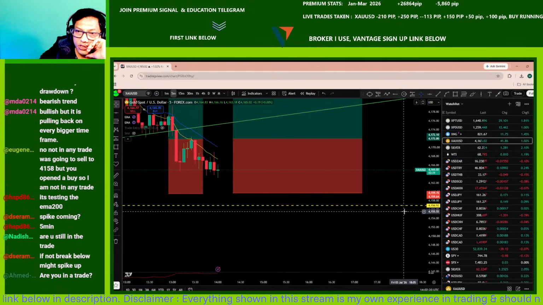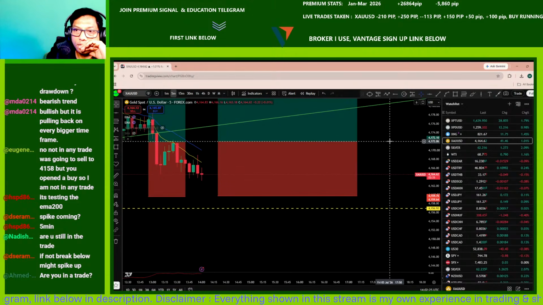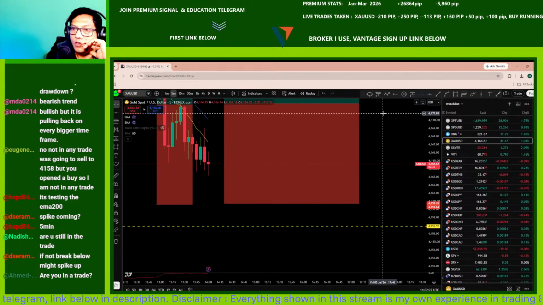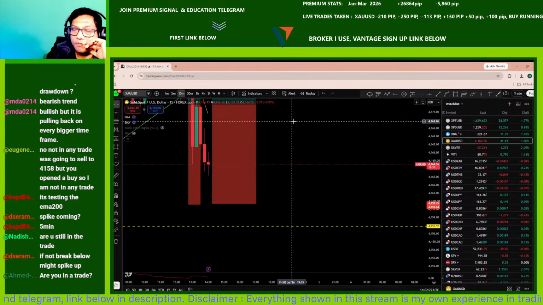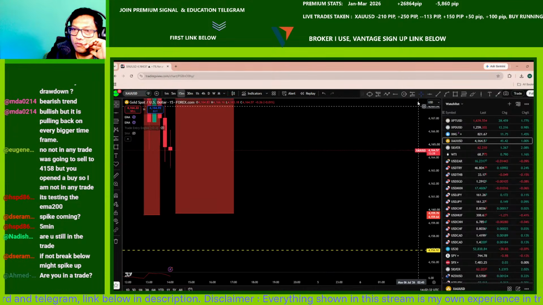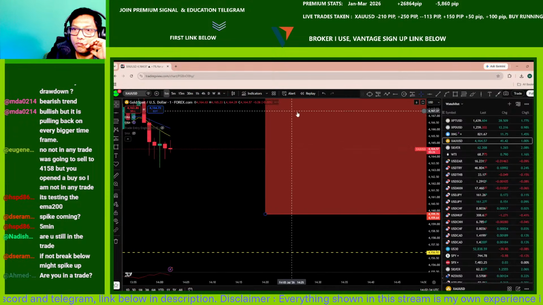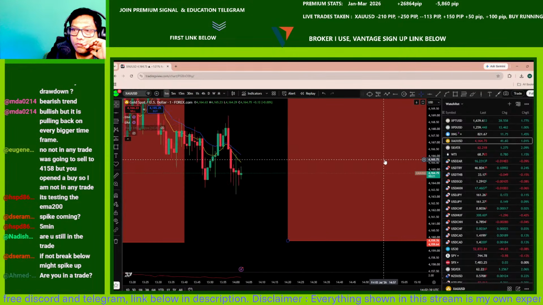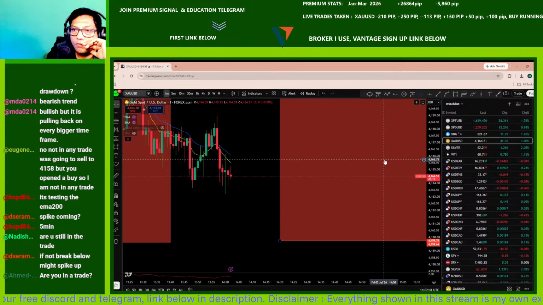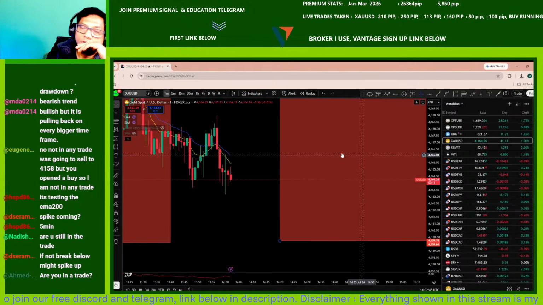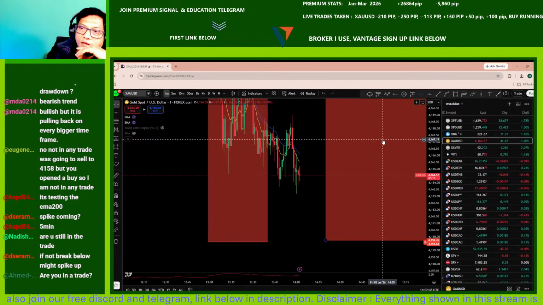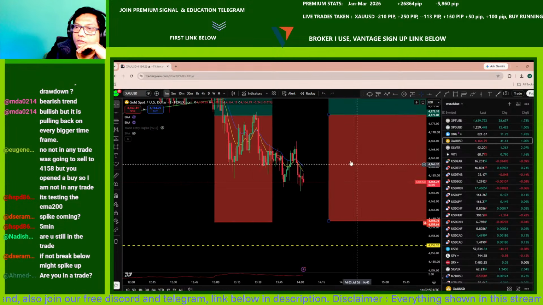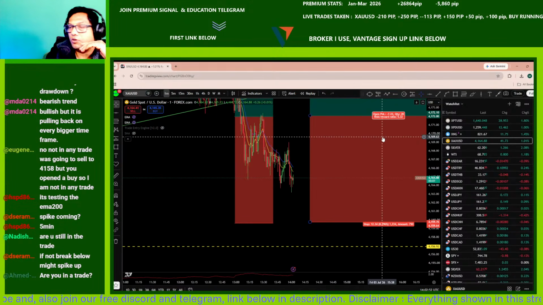All right, so here is what you can see: it's in a very key zone here. It looks like selling pressure, but we'll see what's happening.